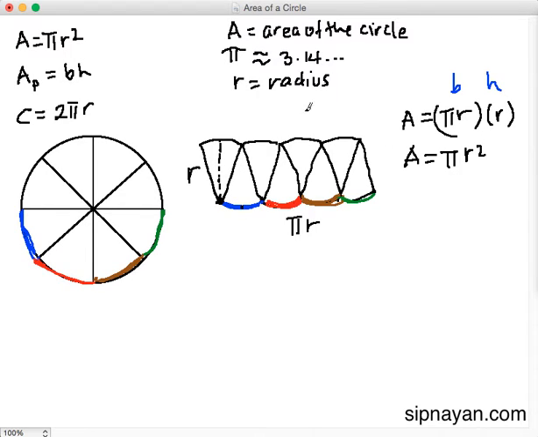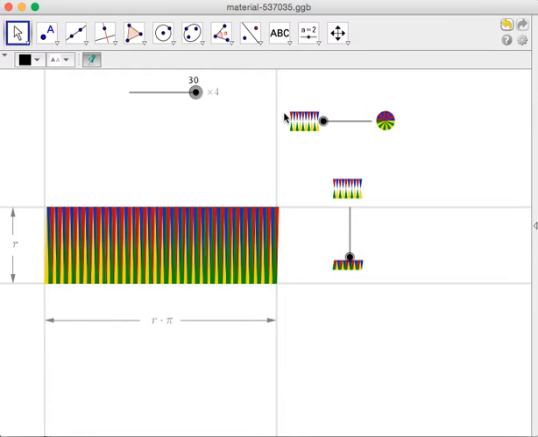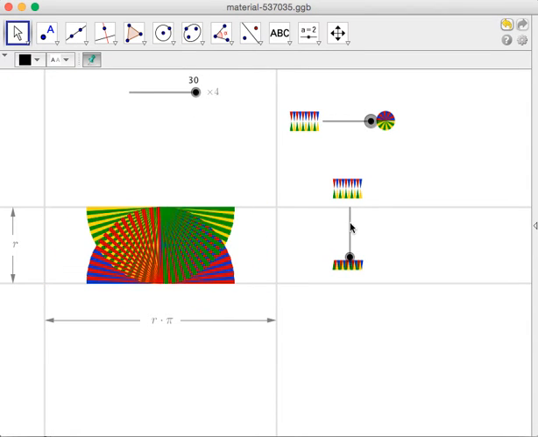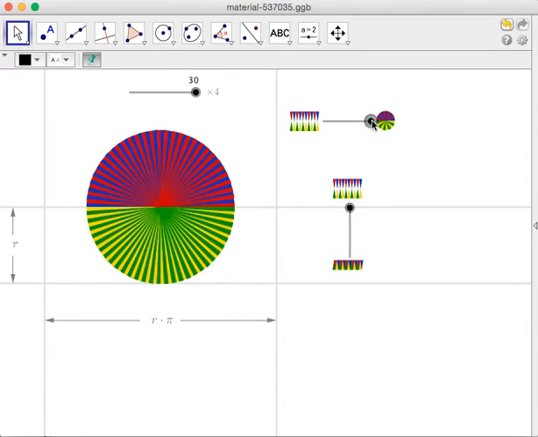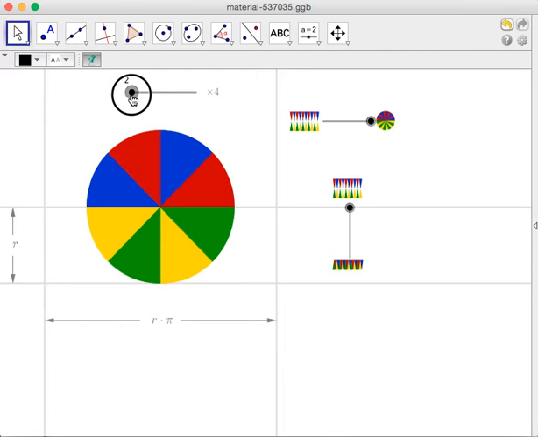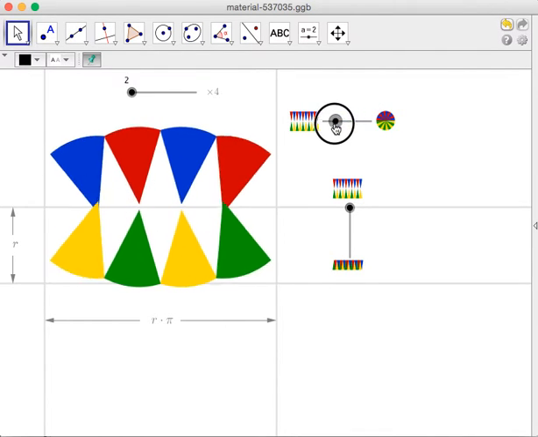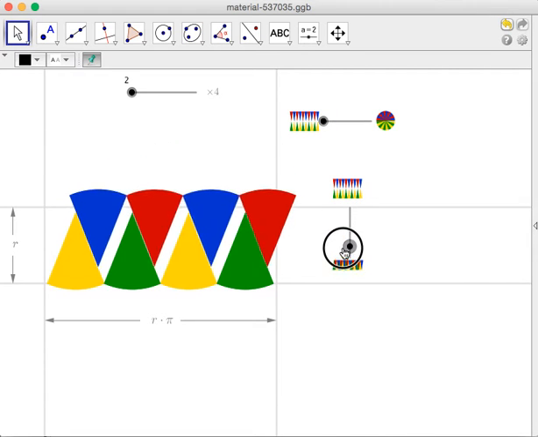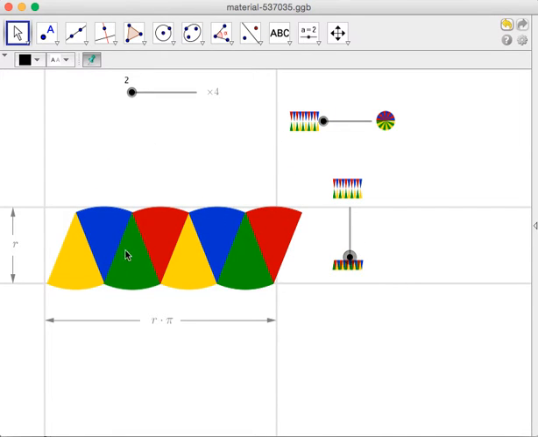Nasasabihin nyo sa akin, hindi naman to parallelogram, no? Well, tignan natin tong animation natin dito. Oh, sorry, hindi ko nabalik. Pag ginawa natin tong circle, kanina ilang hati lang yun? 8, di ba? Ito yung kanina, yung nasa drawing natin. Now, if you break this into parts, so ito siya.